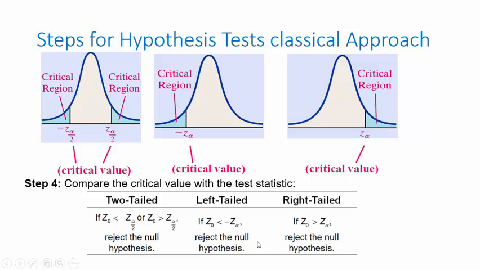This helps us decide whether we reject the null hypothesis or not. If the z0 value is not in the green region, depending on whether it's a two-tailed, right-tailed, or left-tailed test, meaning it is in the yellow region, then we do not reject the null hypothesis.